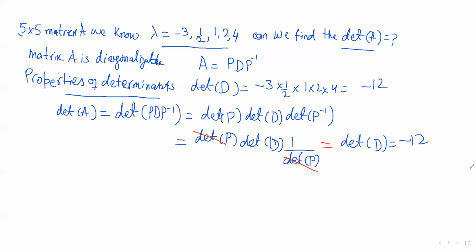So the determinant of this matrix A is minus 12.